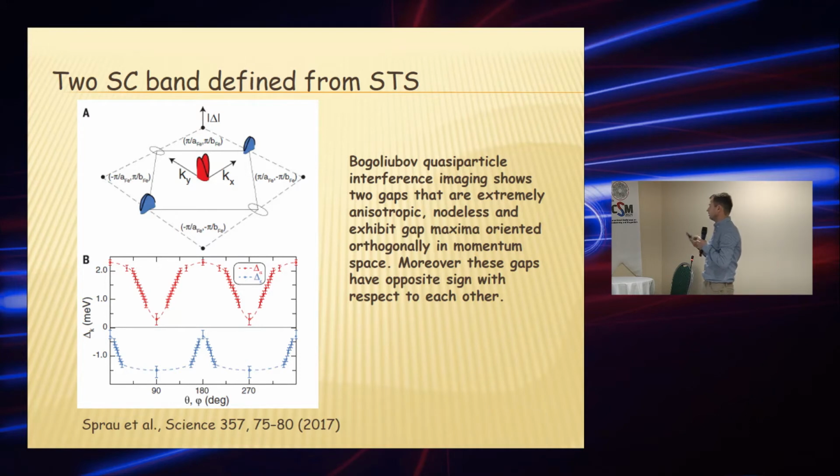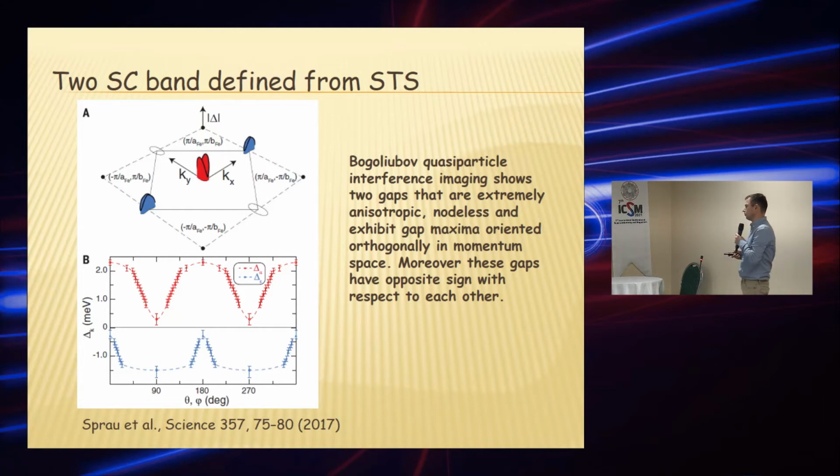Later that year, it was shown also with quasiparticle interference spectroscopy, where they utilized Bogoliubov quasiparticle interference, that indeed two gaps are observed in this material, one present for the hole pocket of the Fermi surface, another for the electron pocket, corresponding red to red, blue to blue. And both of them are quite anisotropic.